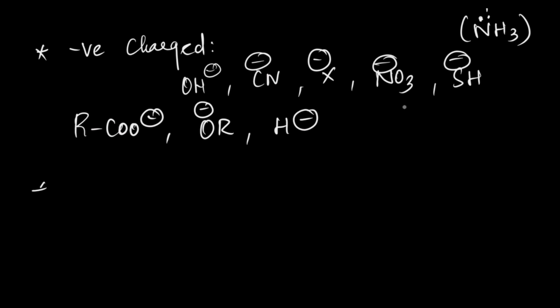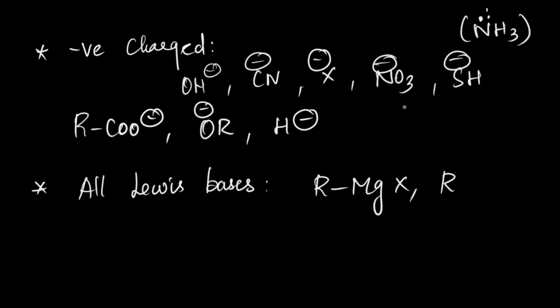And the second type is all Lewis bases which contain lone pairs. For example, RMgX, RLi, or lithium aluminum hydride, R2Zn, or organometallic compounds are considered Lewis bases or nucleophiles.